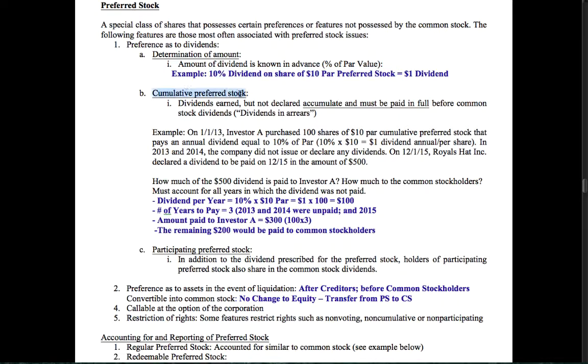Also, for cumulative preferred stock, remember that it is dividends that you earn but that have not been declared by the company, and that you accumulate and must be paid in full before common stock dividends. Therefore, if you own cumulative preferred stock, you must receive your full balance before the company distributes common stock dividends.